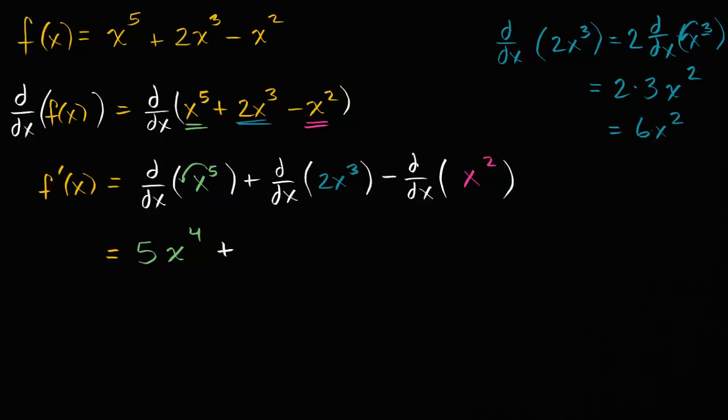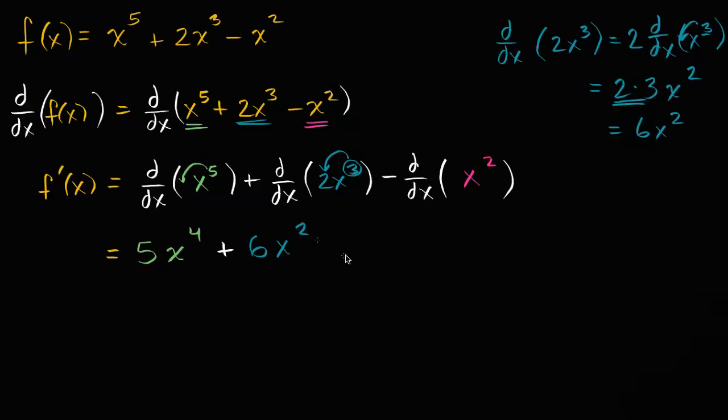And instead of going through all of this, you'll learn as you do more of these that you could have done this pretty much in your head, saying, look, I have the 3 out here as an exponent. Let me multiply the 3 times this coefficient, because that's what we ended up doing anyway. 3 times the coefficient is 6x, and then 3 minus 1 is 2. So you didn't necessarily have to do this, but it's nice to see that this comes out of the derivative properties that we talk about in other videos.